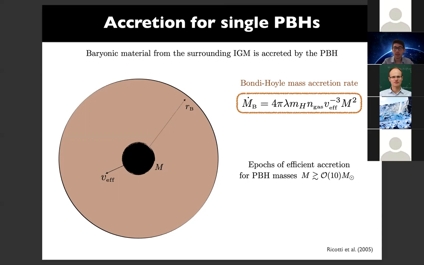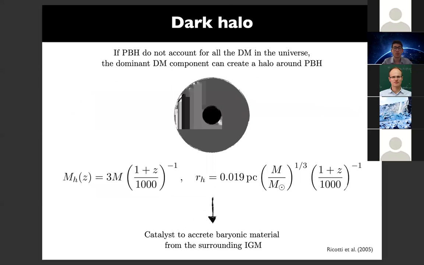But there is another important ingredient which has to be taken into account, which is the formation of a dark matter halo. Because if primordial black holes do not represent the full dark matter in the universe, we expect that there is another dark matter component, which is dominant, that may create a halo around the given primordial black holes, with a mass which of course will increase with time.